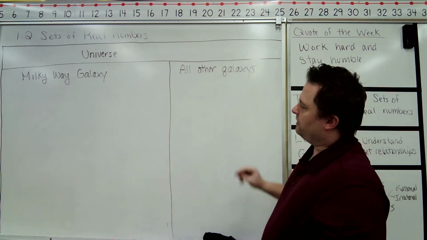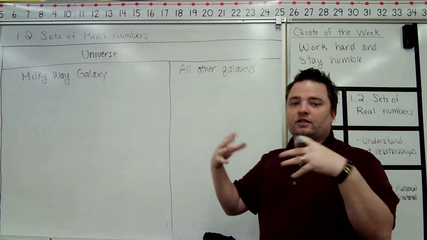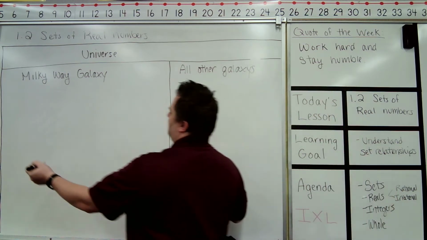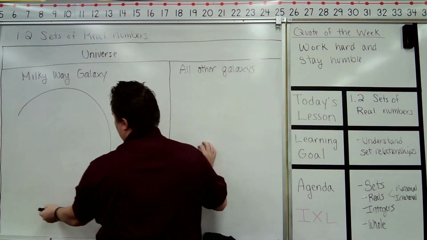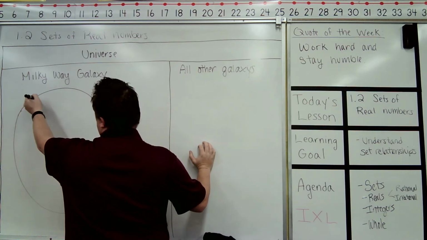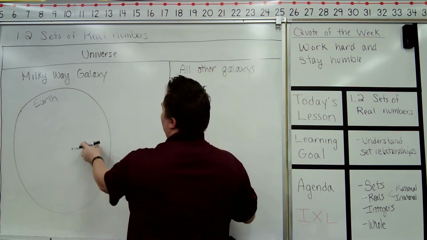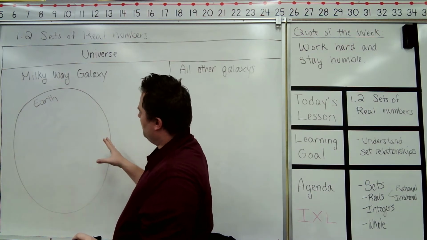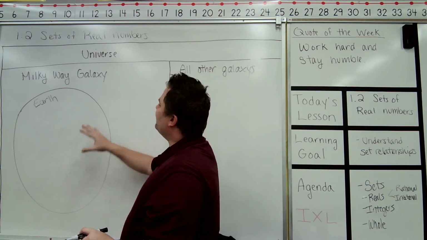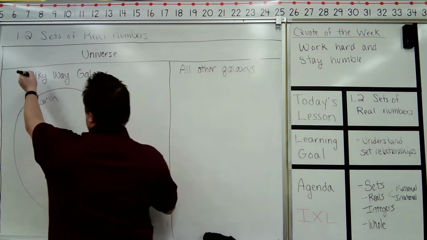This is everything else. Now, inside the Milky Way galaxy, which is the cluster of planets that we live on, we have this place called home, and it'll look something like this, and we'll call this Earth. Okay, Earth is inside the Milky Way galaxy, just like this blob here, which is kind of like Earth, is inside this section labeled the Milky Way galaxy.